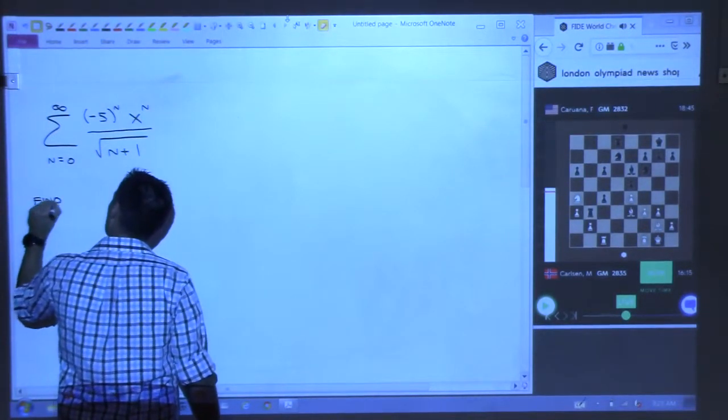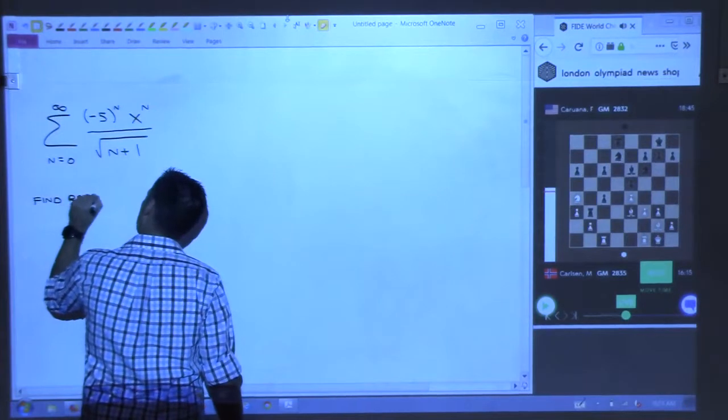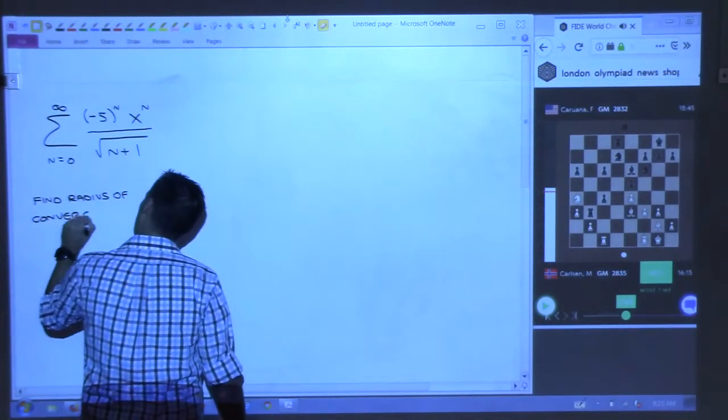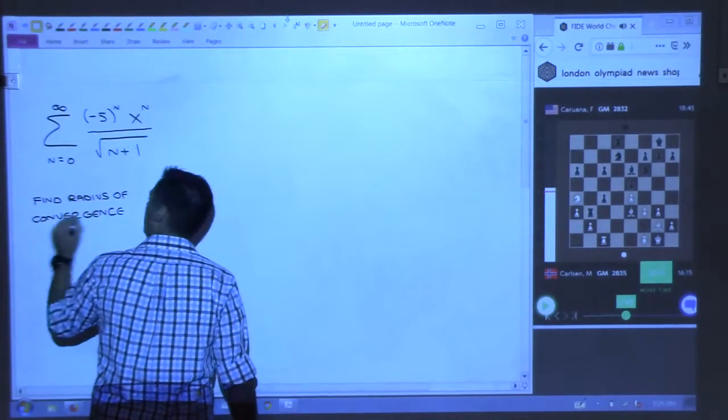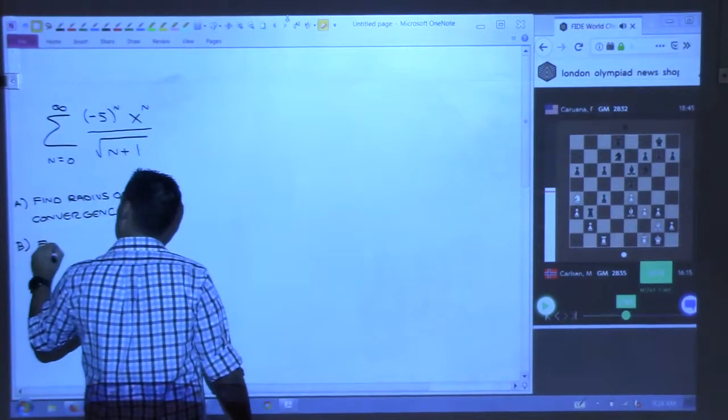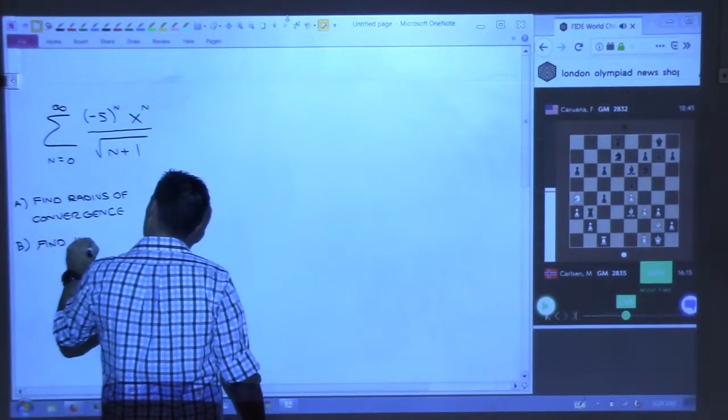Find radius of convergence. We'll say that that's part A. Part B, find interval of convergence.